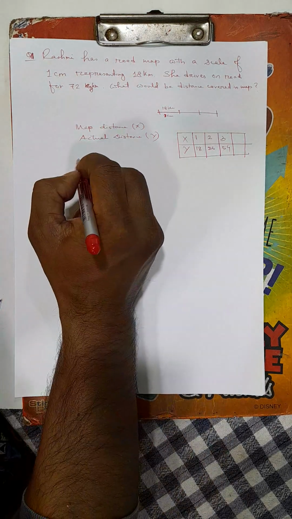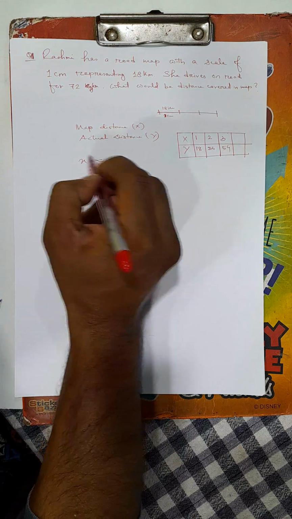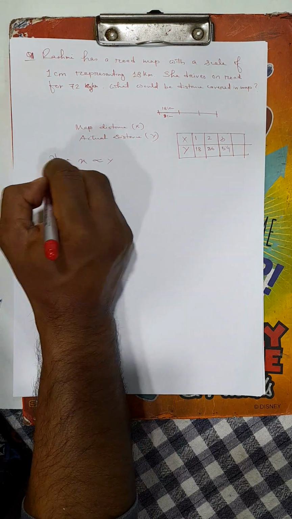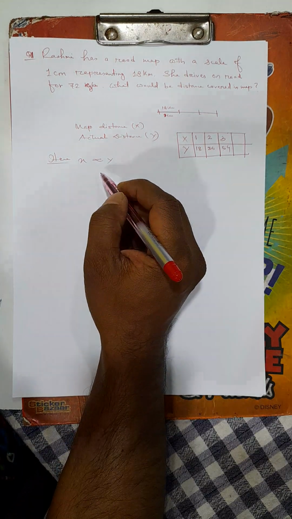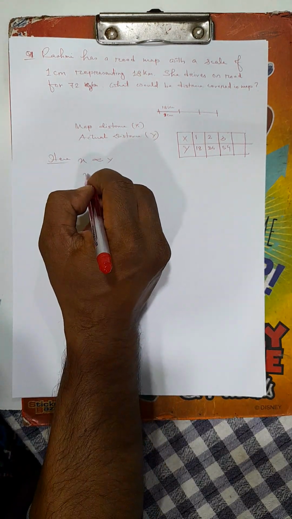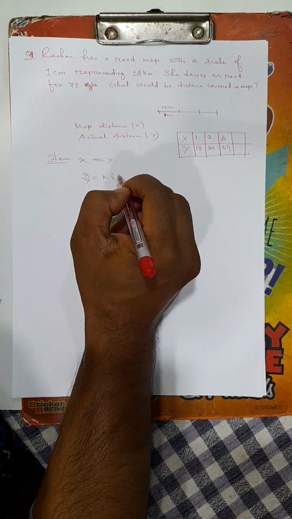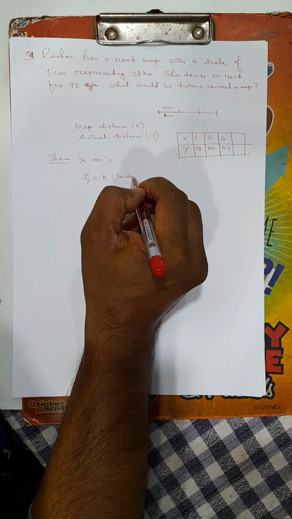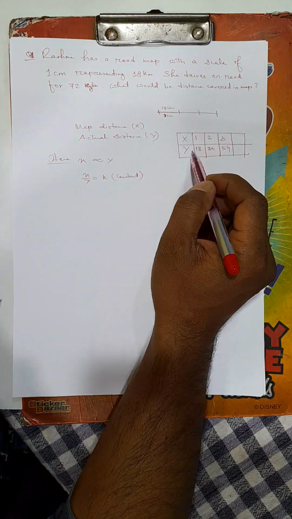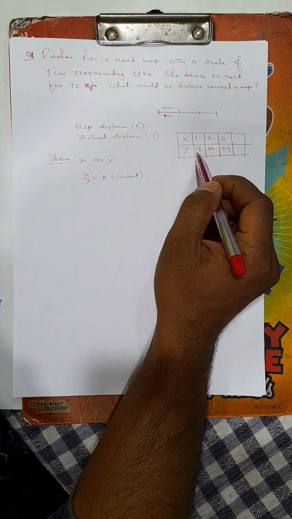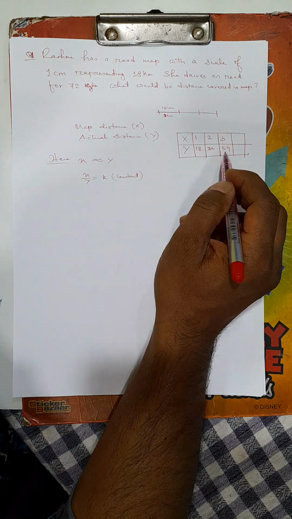Now here you see x is directly proportional to y. What is meant by x is directly proportional to y? x by y equals k, a constant. You see, when x is increasing, the corresponding values of y are also increasing, and the rate of increase is the same.